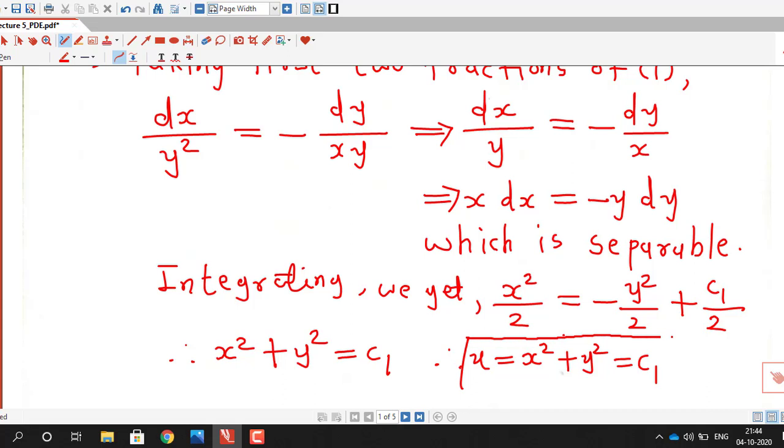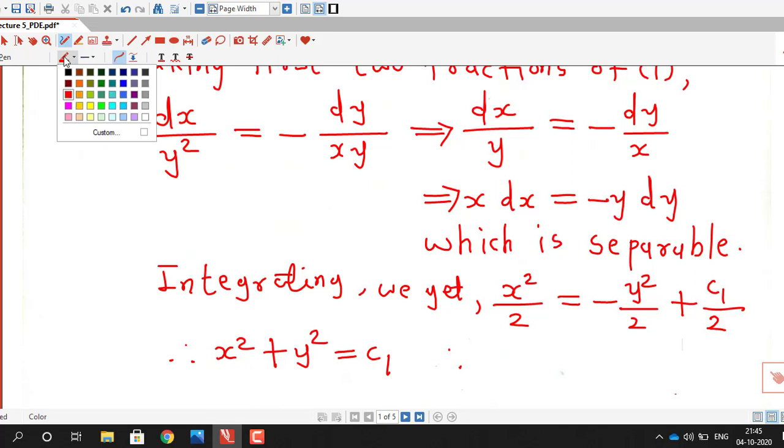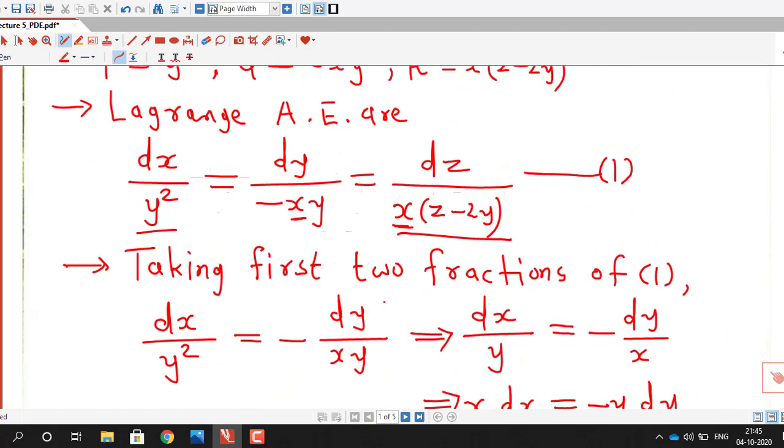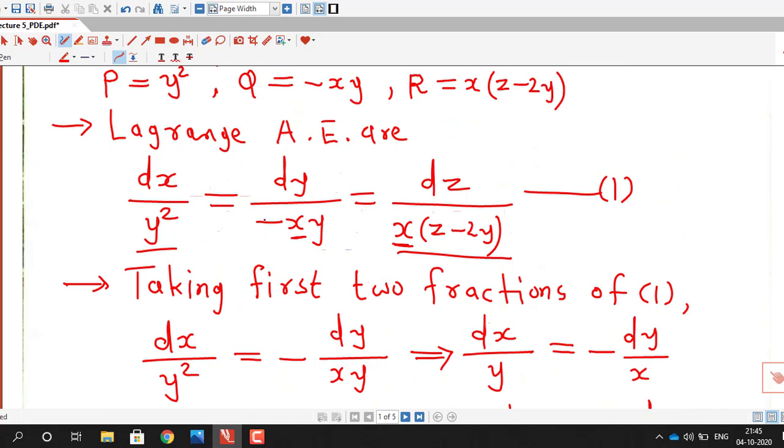So the first solution is easily obtained by comparing two fractions. So this I can write as u equal to x square plus y square equal to c1. So this is our first solution.